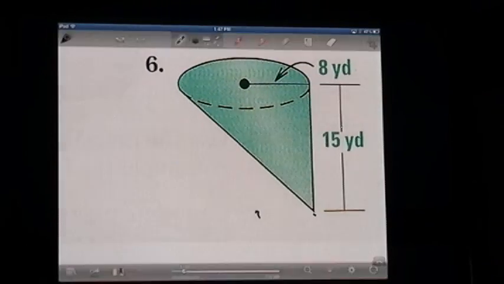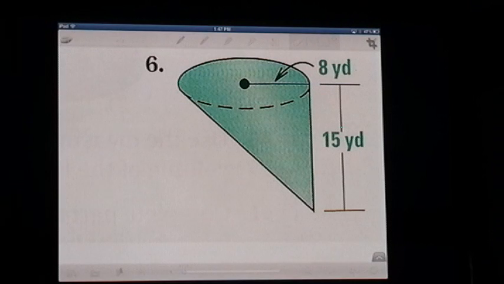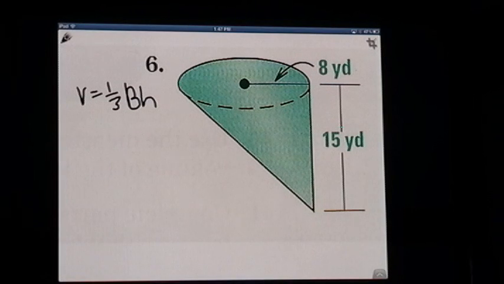All right. So once again, the volume is equal to 1/3 the area of the big base times the height. And what is the area of the big base? The big base is equal to pi r squared. And r in this case is 8.